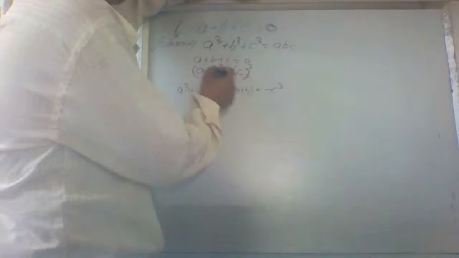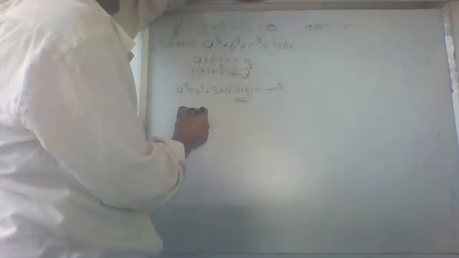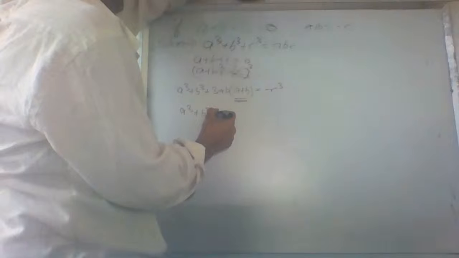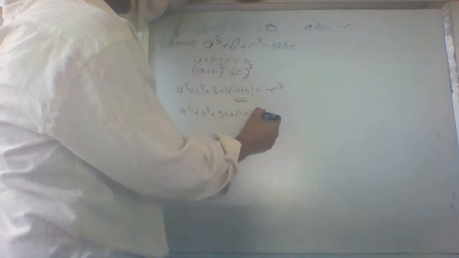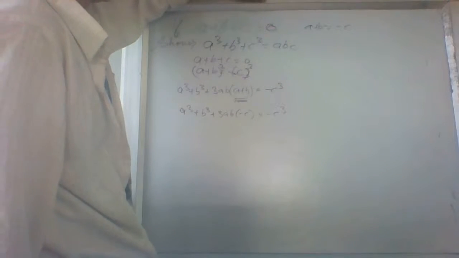Okay. Now, as we know, a plus b is equal to minus c. What will happen? Put the a plus b value, minus c, here: 3ab times minus c, minus c cube.